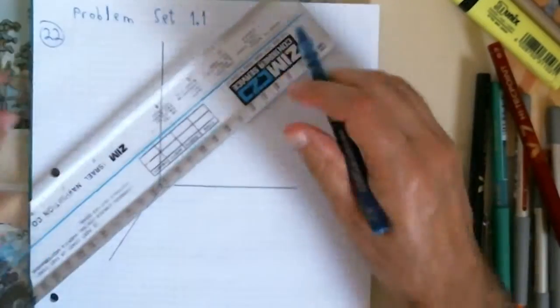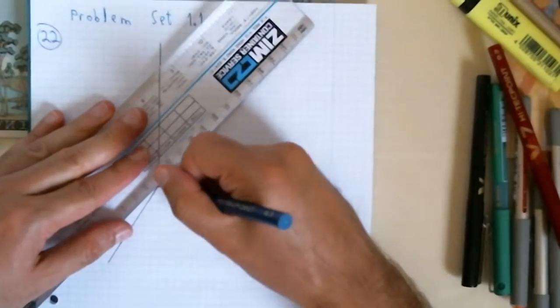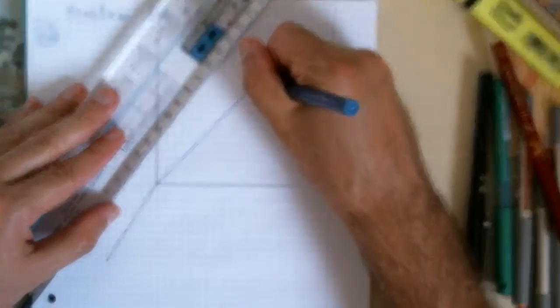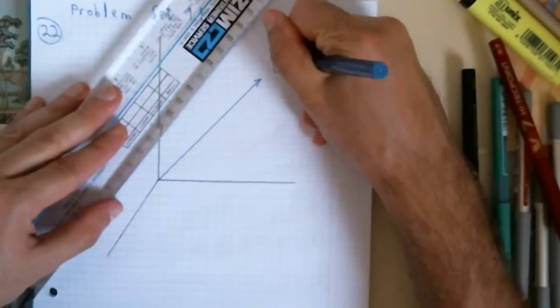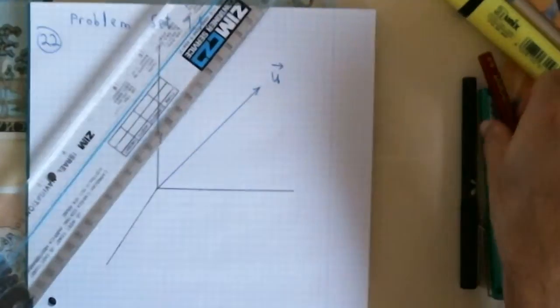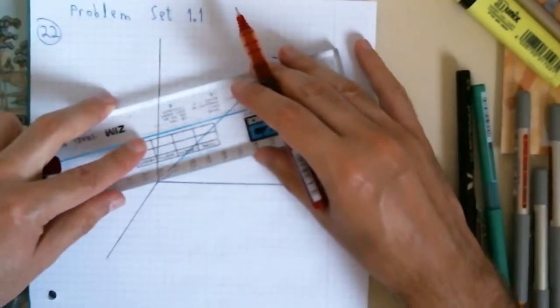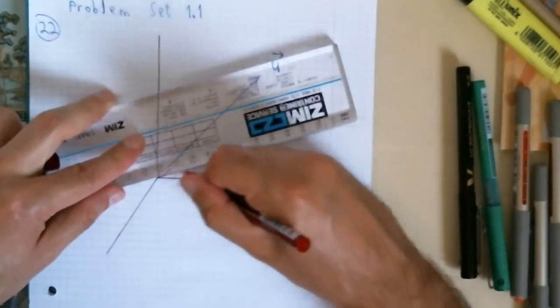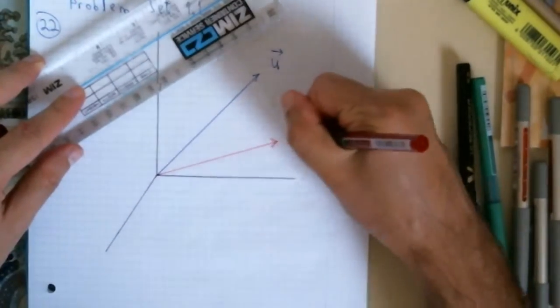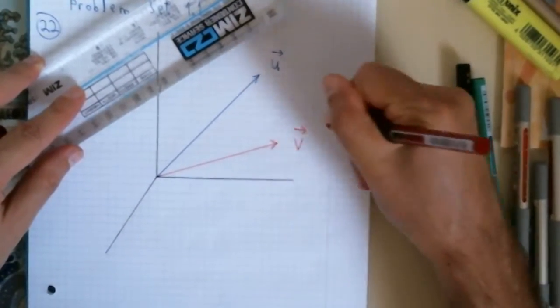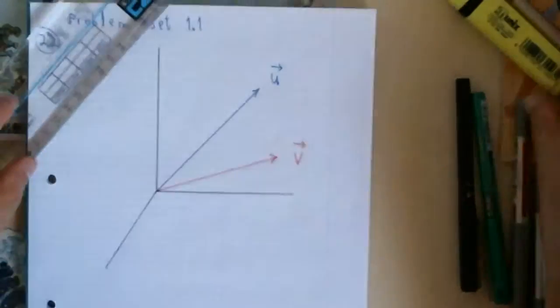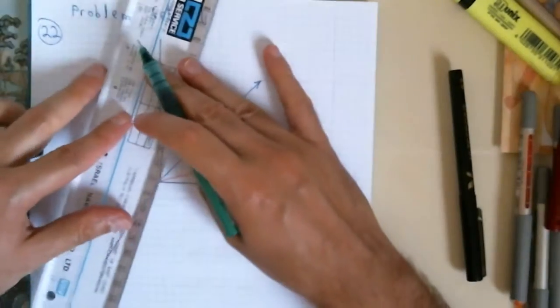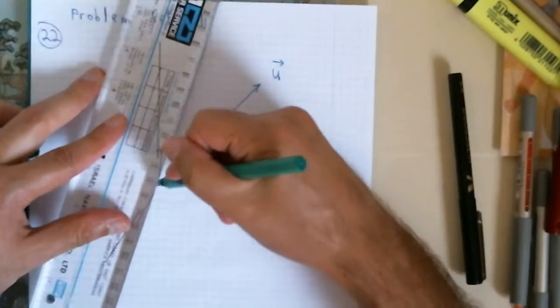Okay, so we have some vector u, we have some vector v, and we have some vector w. Okay, three different vectors.